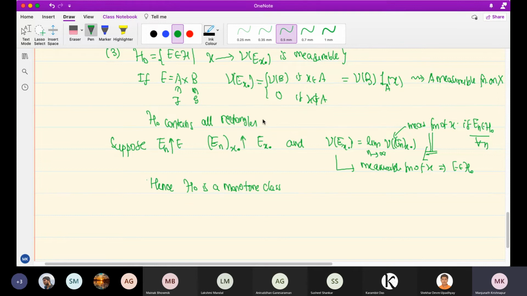It's not true in general, but here, because this is all finite disjoint unions, algebra elements are finite disjoint unions of rectangles.